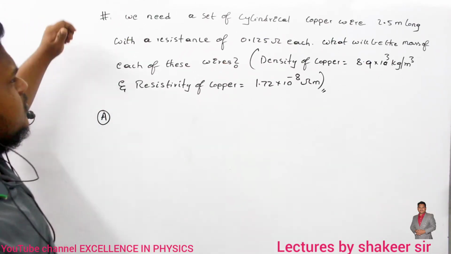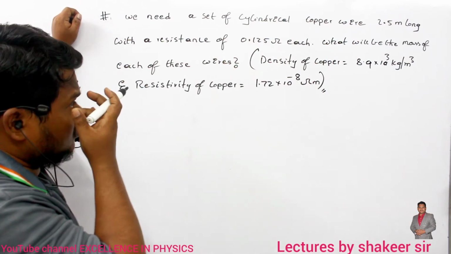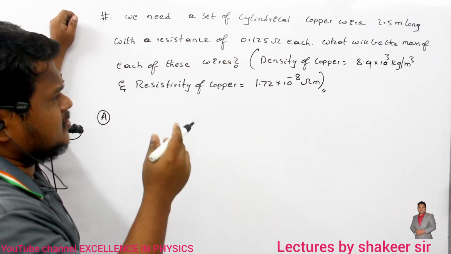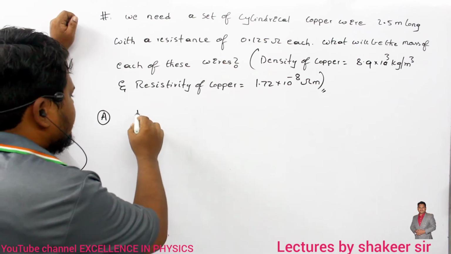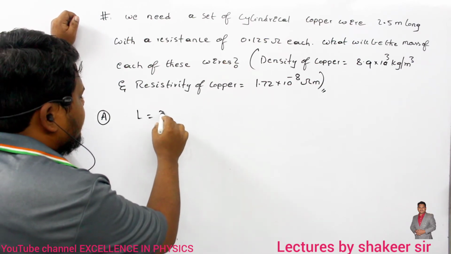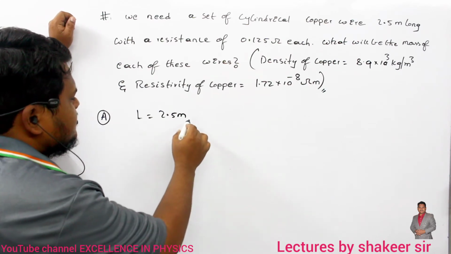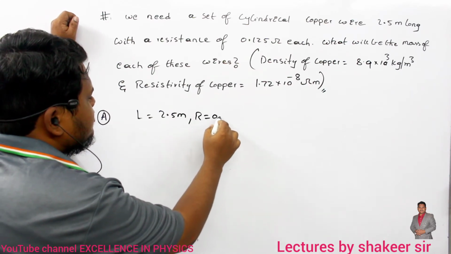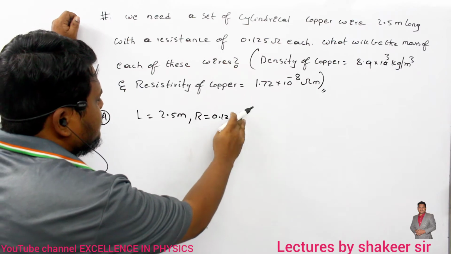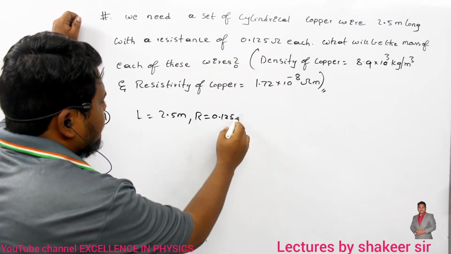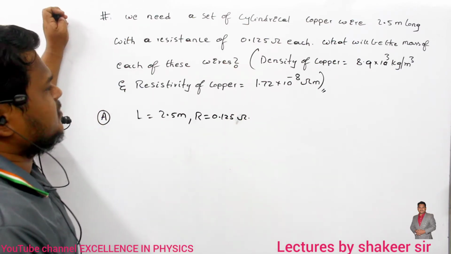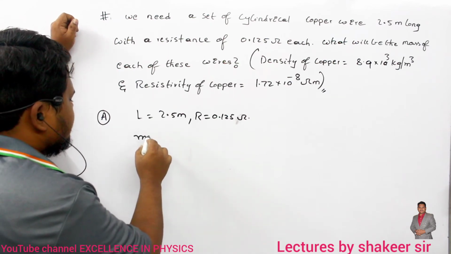Now, we need to produce a set of cylindrical copper wires. The length of each wire should be 2.5 meters, and it should have a resistance of R equal to 0.125 ohms. Then we are supposed to calculate the mass of each of these copper wires.